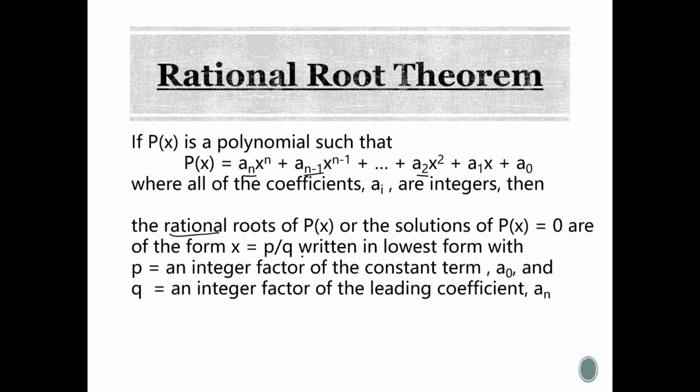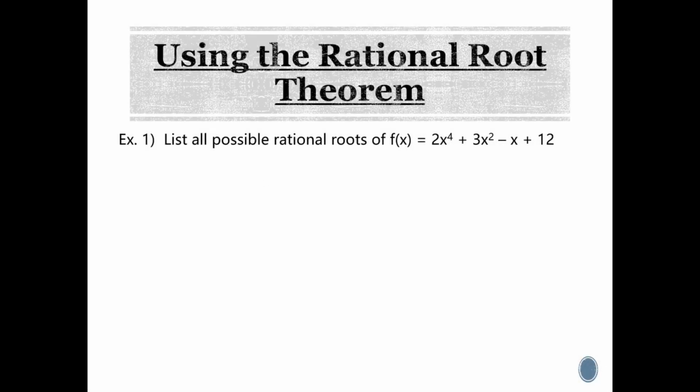Now, there are some requirements. The numerator, p, must be a factor of the constant term, and the q, the denominator, must be a factor of the leading coefficient. So let's take a look and see if we can list all of these factors. So p has to be a factor of 12.